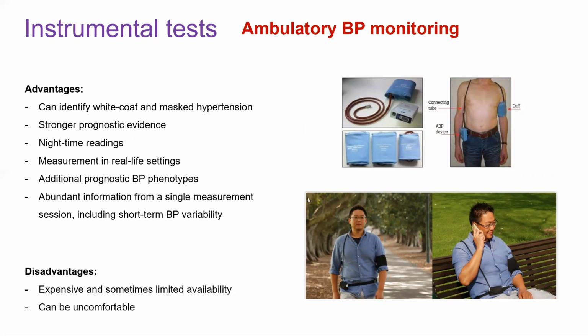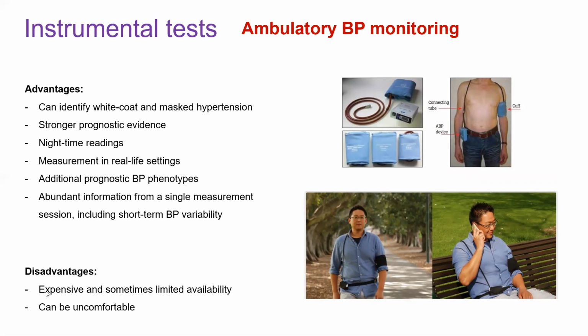Also, the advantage is we can obtain information about nocturnal readings of blood pressure, we can evaluate 24-hour blood pressure variability, and measurement is done in a real-life setting. The patient can do their ordinary daily activity.